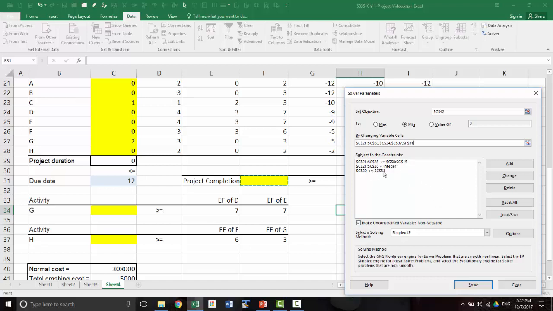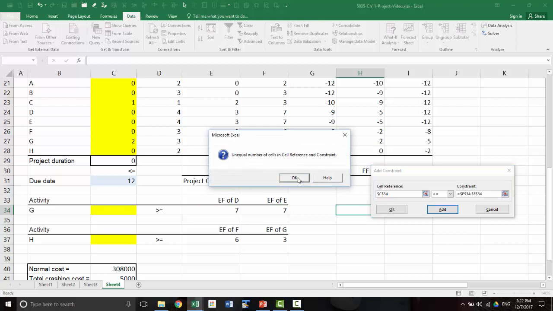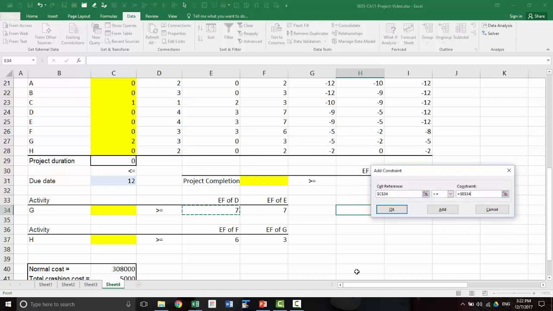Okay, and then besides these constraints, we have this as well. So that greater than or equal to, I don't know whether that will work. Okay, it won't work. So it's equal to that, that greater than or equal to that.